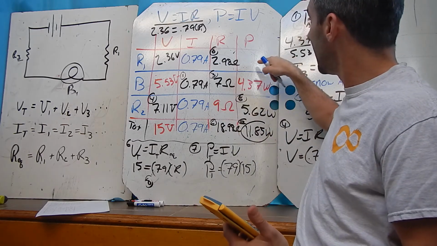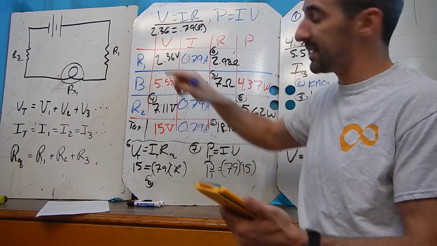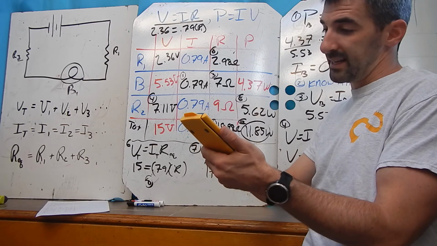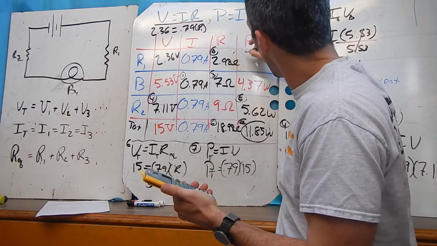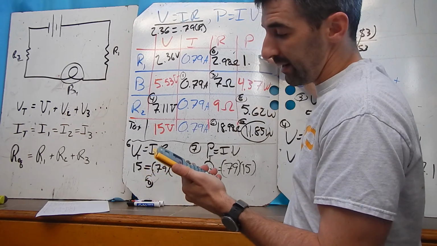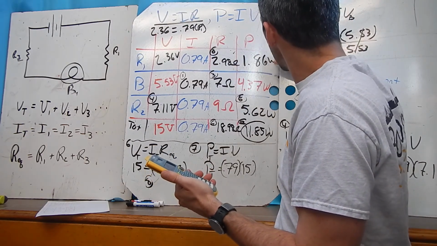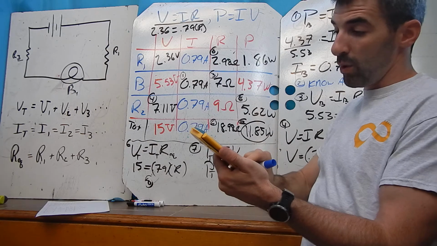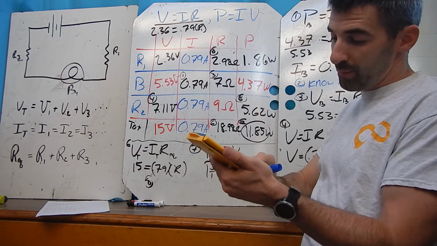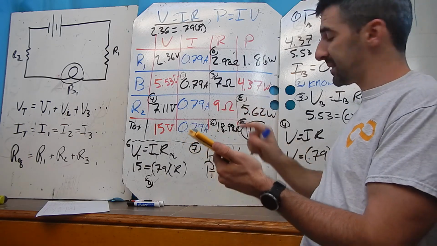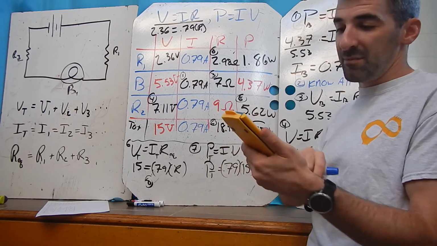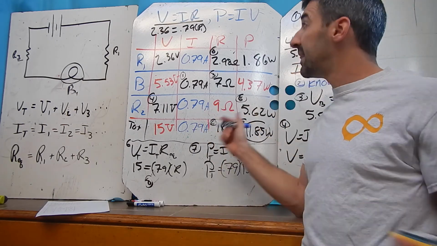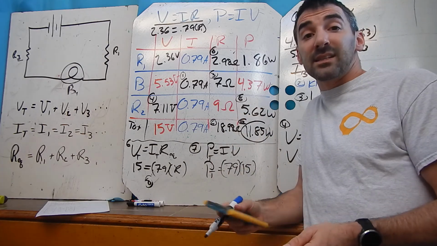So I'm going to say power equals I times V, 2.36 times 0.79. That is 1.86 watts. And now to check, 1.86 plus 4.37 plus 5.62 is 11.85. Perfect. That's how we solve series circuits.